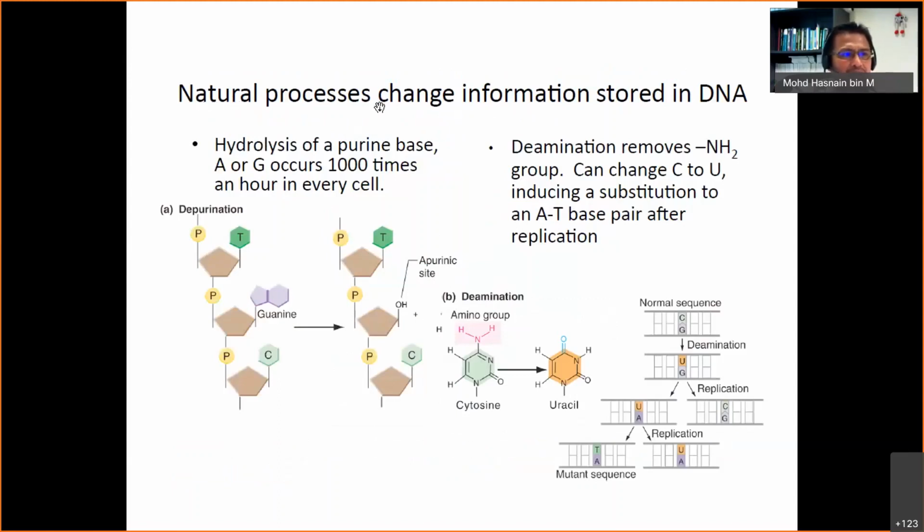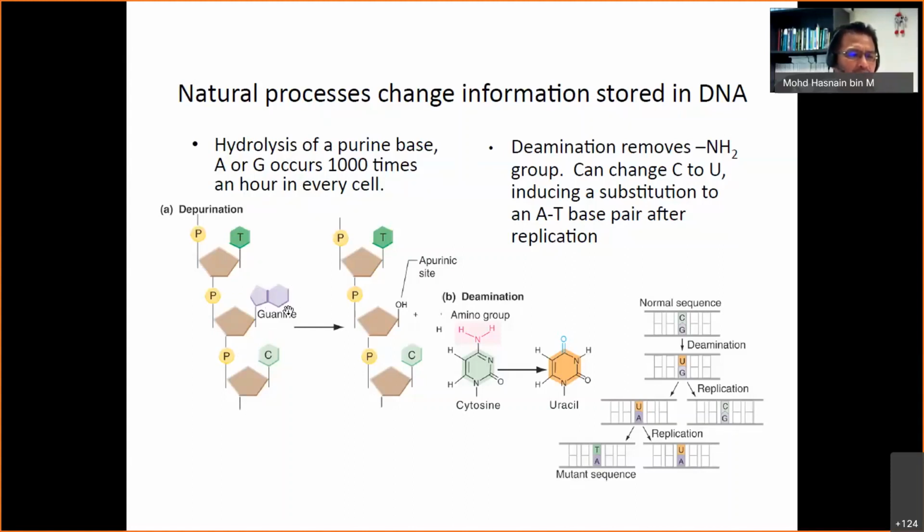Natural processes change information stored in the DNA. This is how mutation can occur through certain mechanisms. Hydrolysis of purine base, A or G, occurs 1,000 times an hour in every cell. This is hydrolysis of the purine base itself, not the DNA, on the nucleotide. You recall the nucleotide arrangement like this.